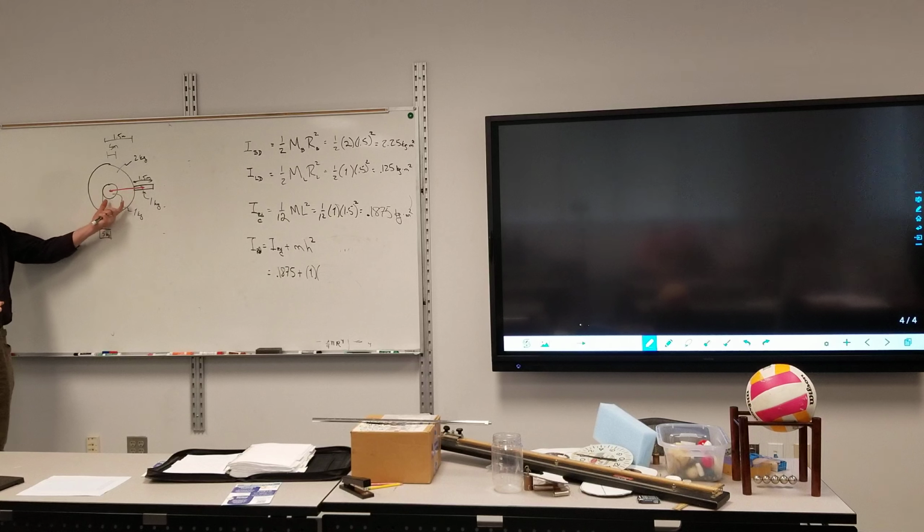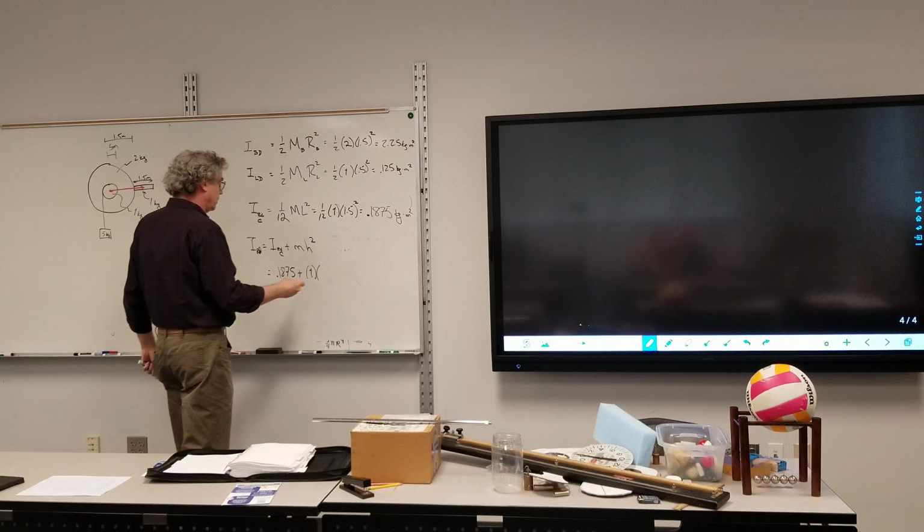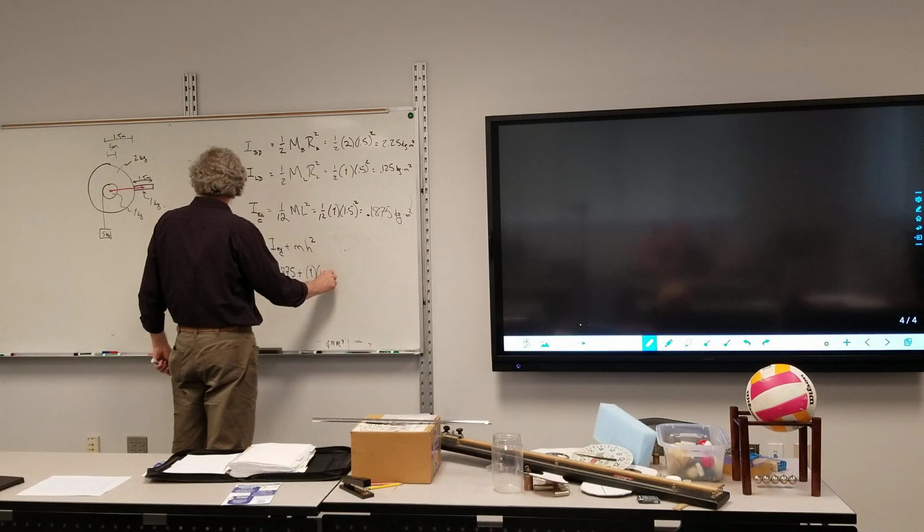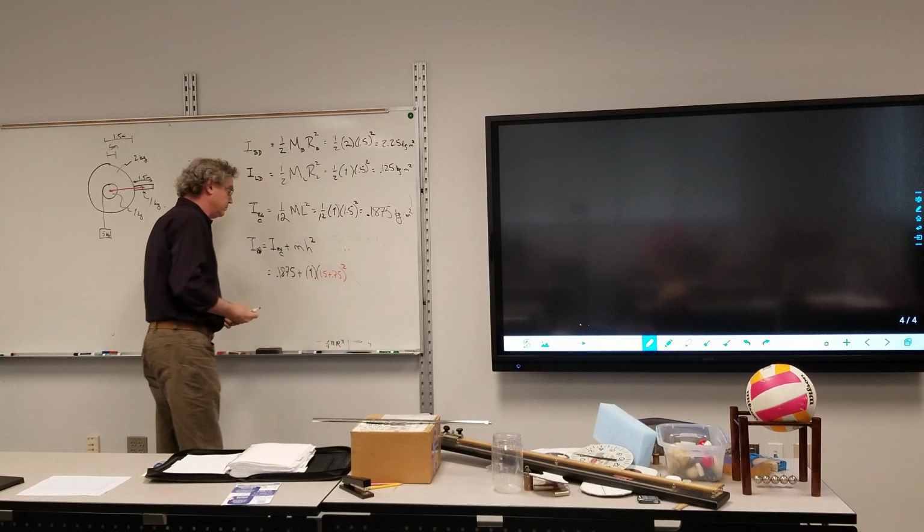So that's just the radius of the big disc plus half the length of the rod. So 1.5 plus 0.75, squared.